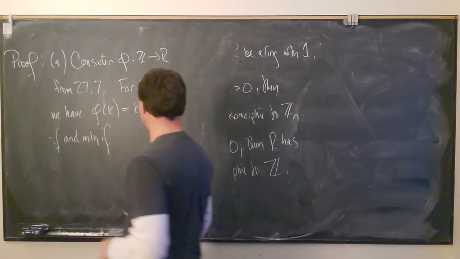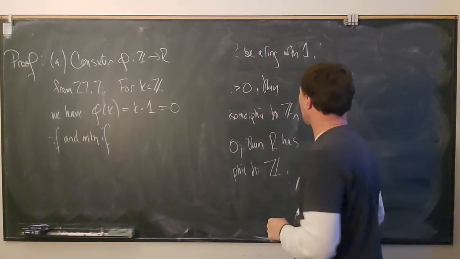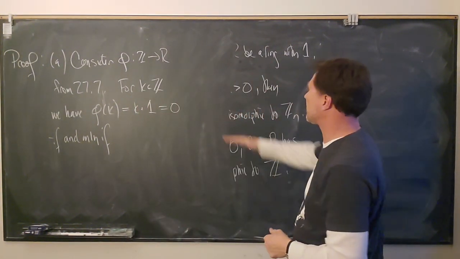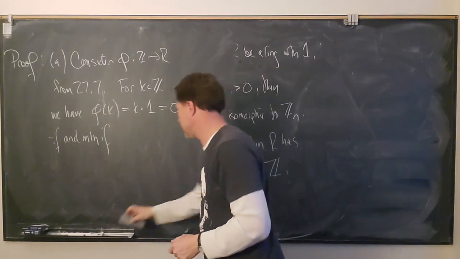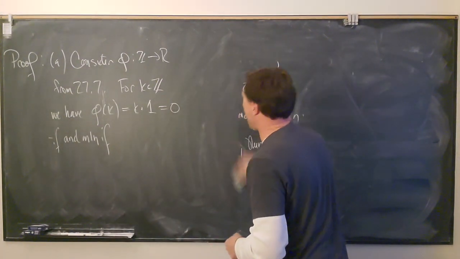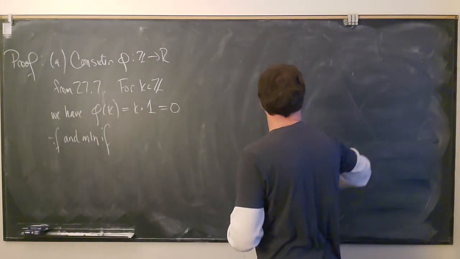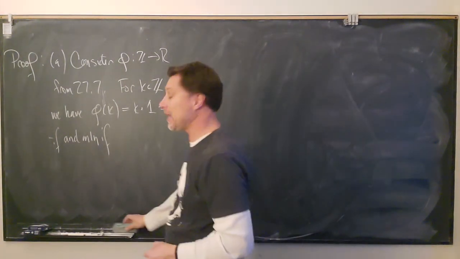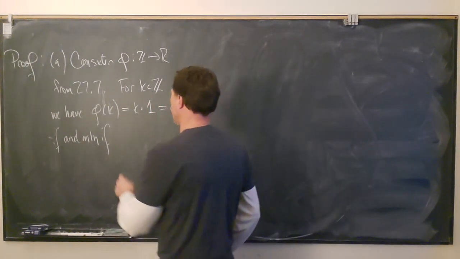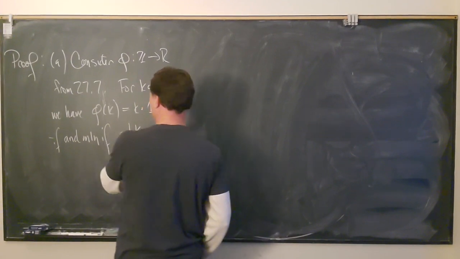so remember now, we're working, this was part A, the characteristic n setting. And so when is k dot 1 going to equal 0? Well, it's going to be if and only if k is a multiple of n, right? So if and only if n divides k.